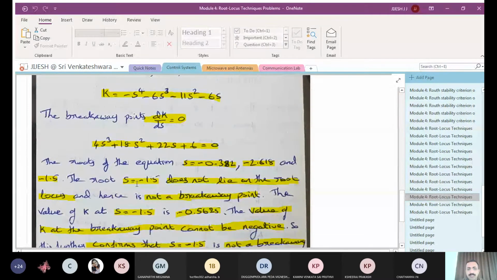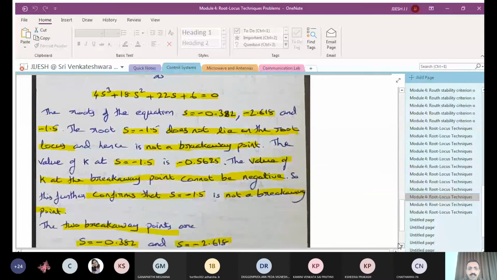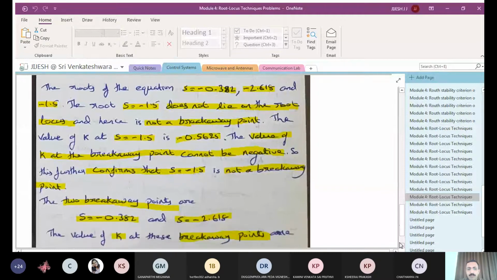We also discussed why minus 1.5 cannot be the breakaway point, because it does not lie on the root locus. Then we also found that the value of K at the breakaway point cannot be negative. So this further confirms that s equal to minus 1.5 cannot be a breakaway point.